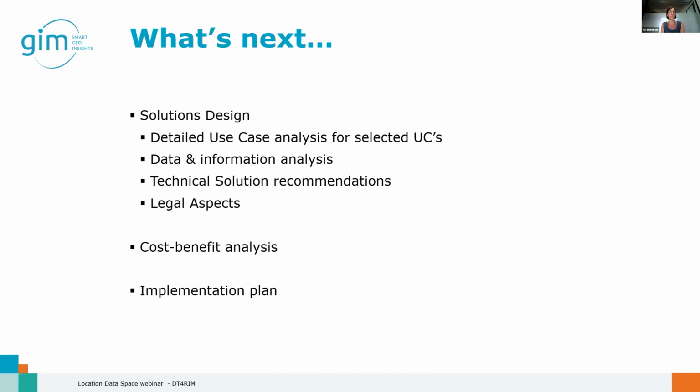Which data standards and formats do we need to support or to enable this cross-border data sharing between the different partners? And then we will also look at the technical solutions that can serve this digital twin, in combination with all the legal aspects related to cross-border data sharing. So that's what we are doing. And then the last steps will be the cost-benefit analysis and the implementation plan.